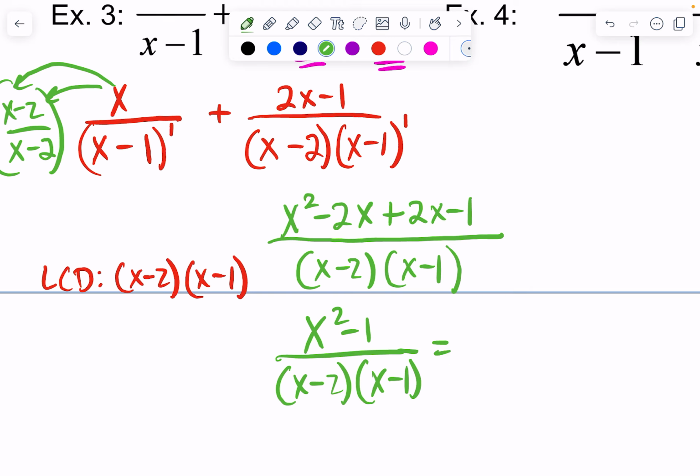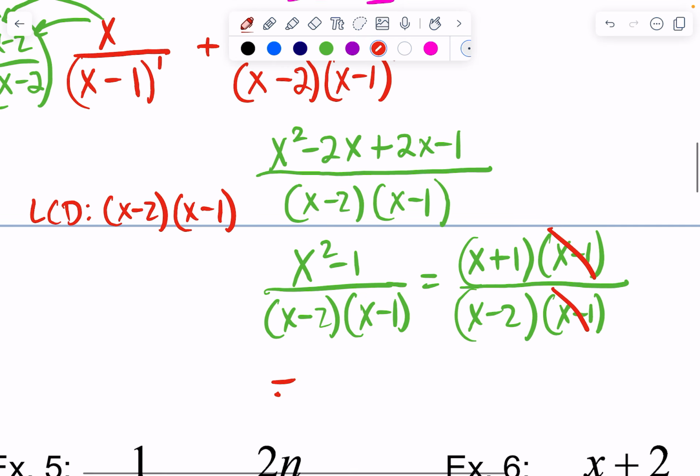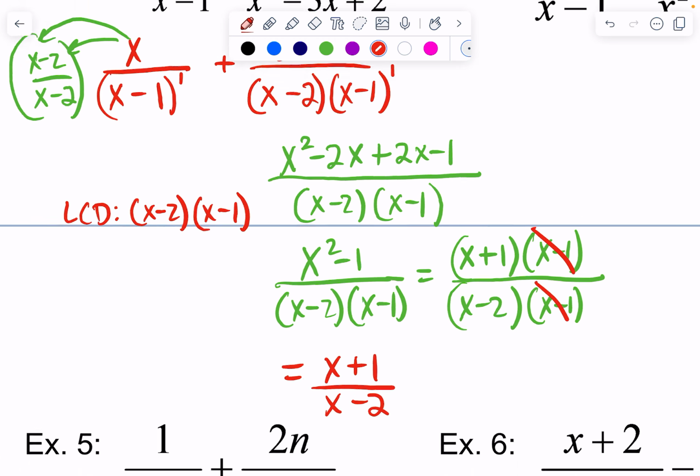Then I factor to simplify. This is a difference of squares, so I have (x + 1)(x - 1) over (x - 2)(x - 1). The x minus 1's cancel, and I am left with (x + 1) over (x - 2), and we're done. It's not that bad at all.